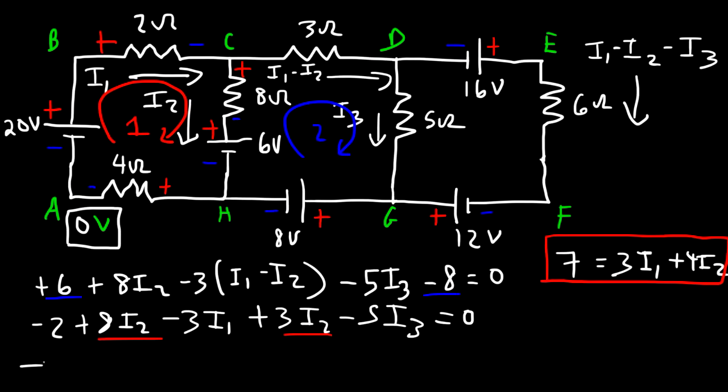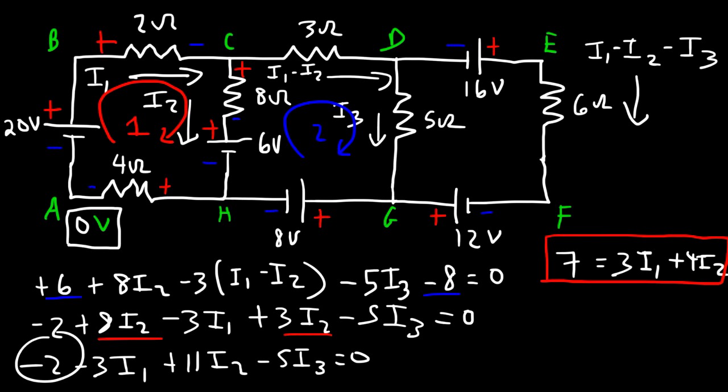So right now we have negative 2, and then minus 3I1, 8I2 plus 3I2, that's 11I2, and then minus 5I3. So I'm going to move the negative 2 to the other side. So this is the second equation that we have: negative 3I1 plus 11I2 minus 5I3 equals 2. So let's save that equation for later.